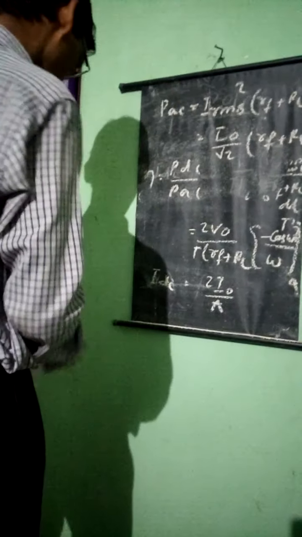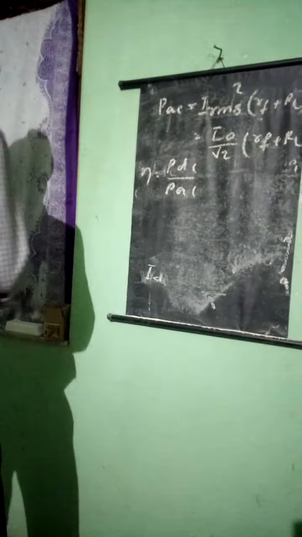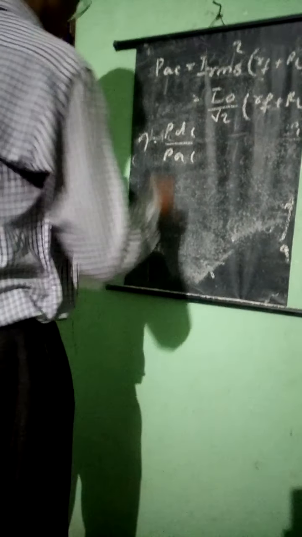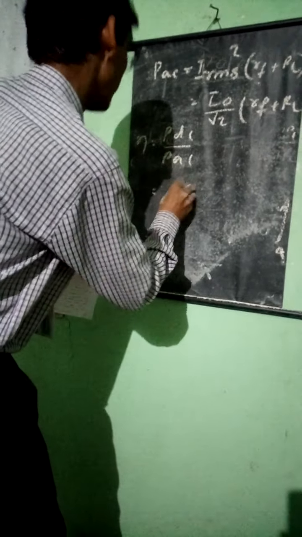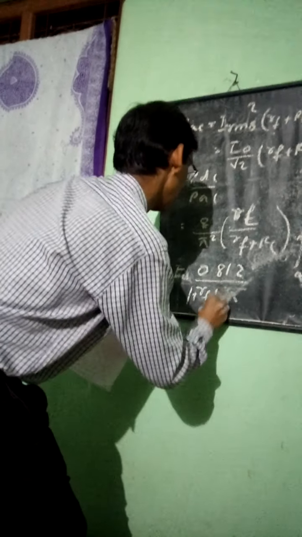Remember, you can get back the formula with respect to this integration. After doing the integration, you get 8 by pi square into RL divided by RF plus RL, which is nothing but, as already evaluated, 0.812 divided by 1 plus RF by RL, which is 81.2%.